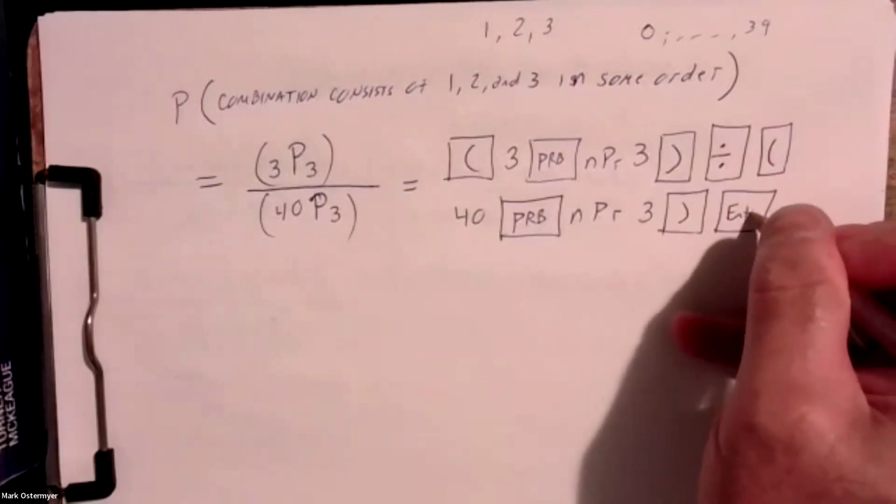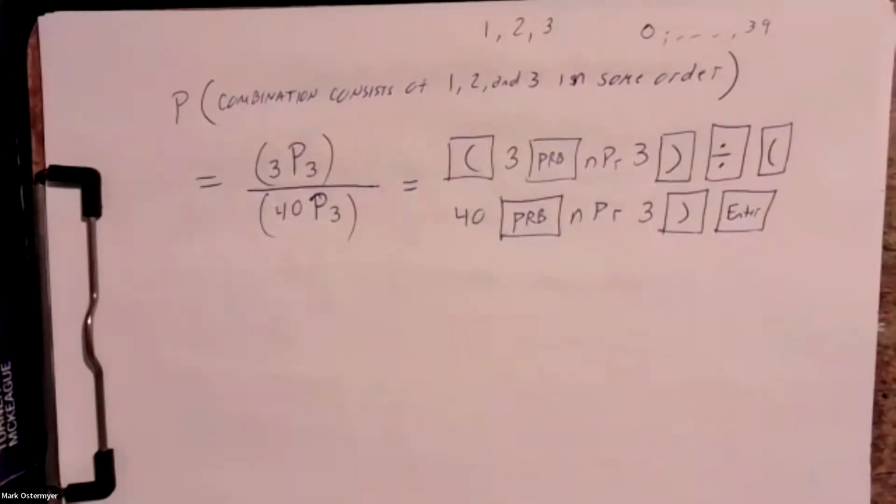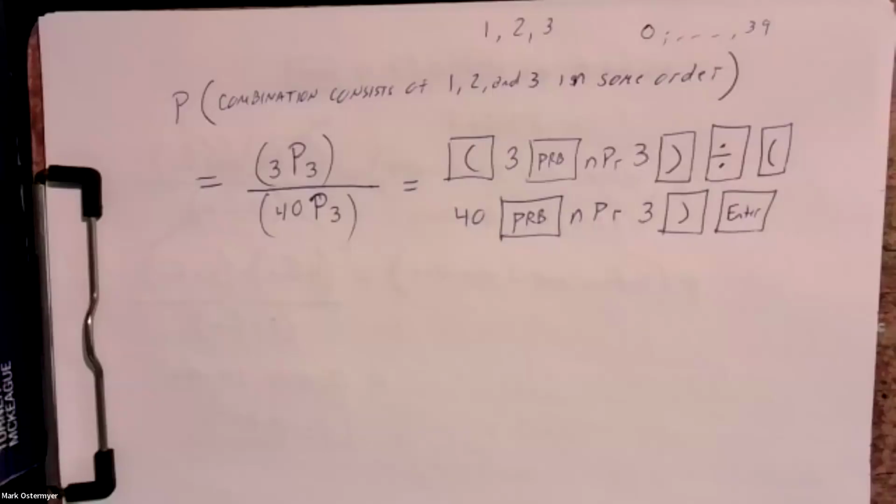And what do we get for that probability? 0.000101, something like that? Yes.